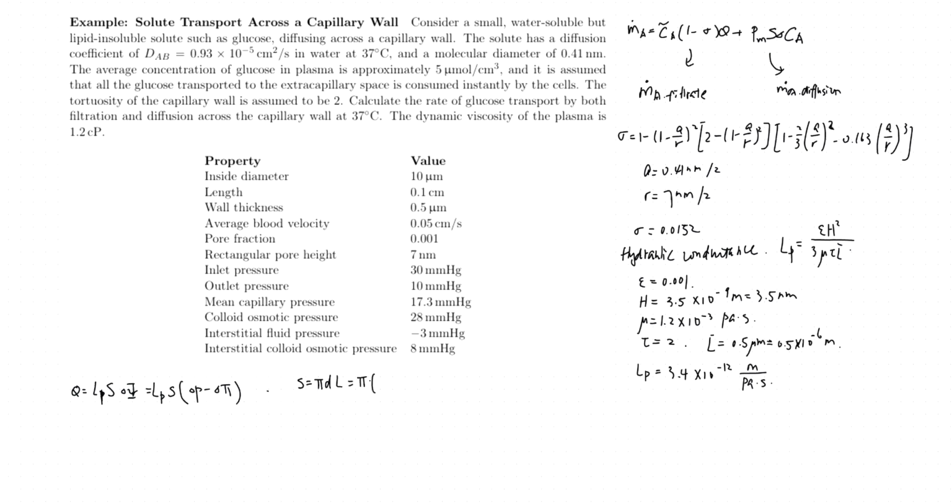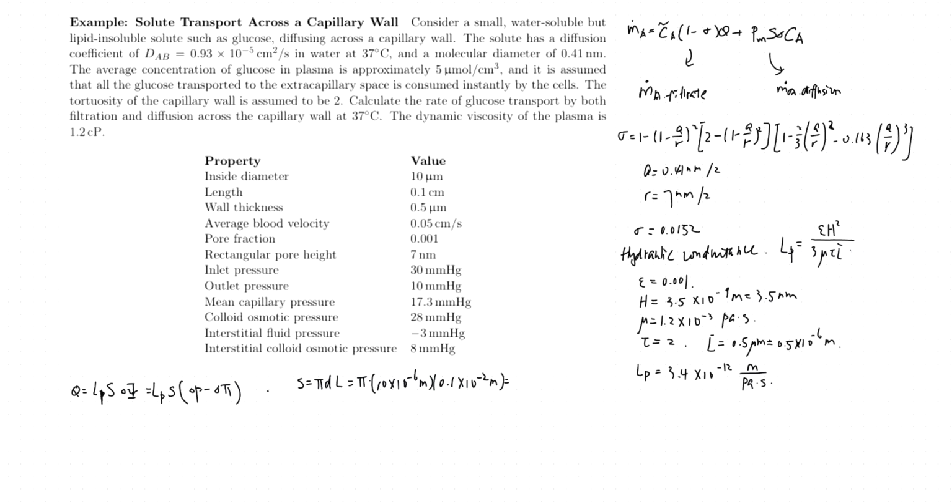The inside diameter is 10 micron. 10 micron is 10 times 10 to the minus 6 meter. And L is the length of the capillary, which is 0.1 centimeter. So it is 0.1 times 10 to the minus 2 meter.